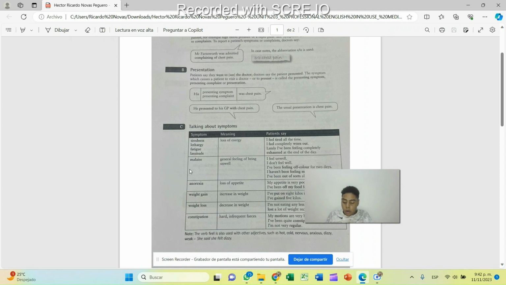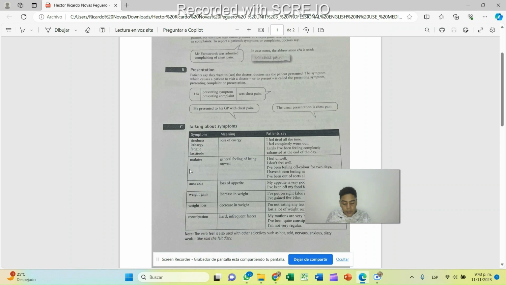Anorexia, loss of appetite. My appetite is very poor. Weight gain, an increase in weight. I've put on 8 kilos in the last year. Weight loss, a decrease in weight.